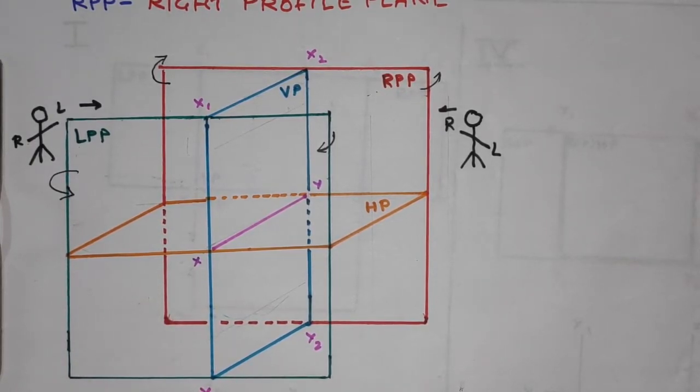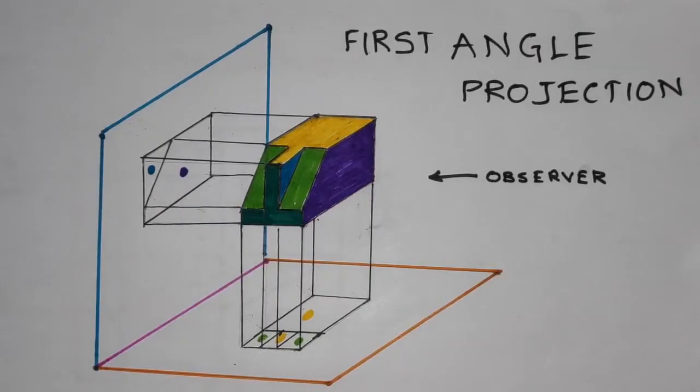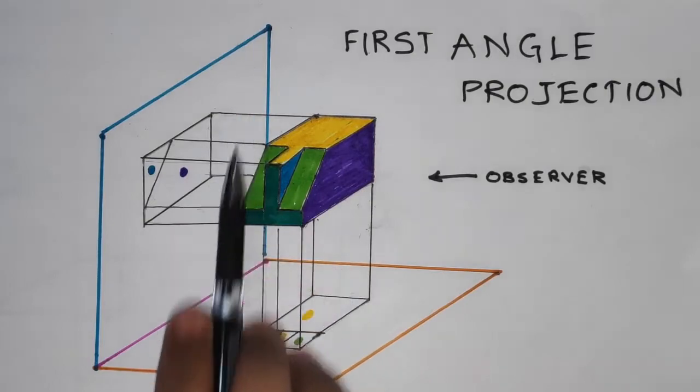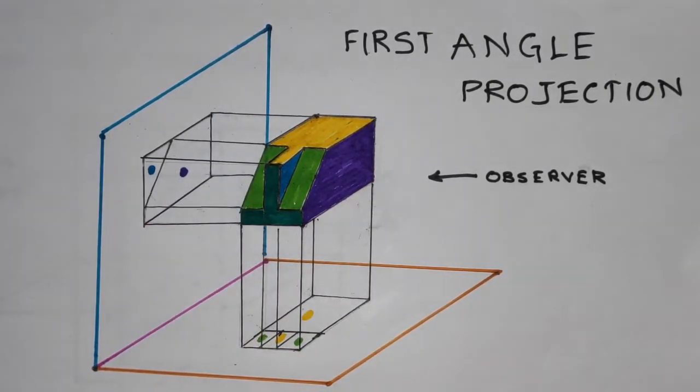So we shall see now how the first angle projection works. Coming back to this first angle projection, we have the vertical plane which is with the blue border and the horizontal plane which is with the orange border, and the pink line is the XY line.